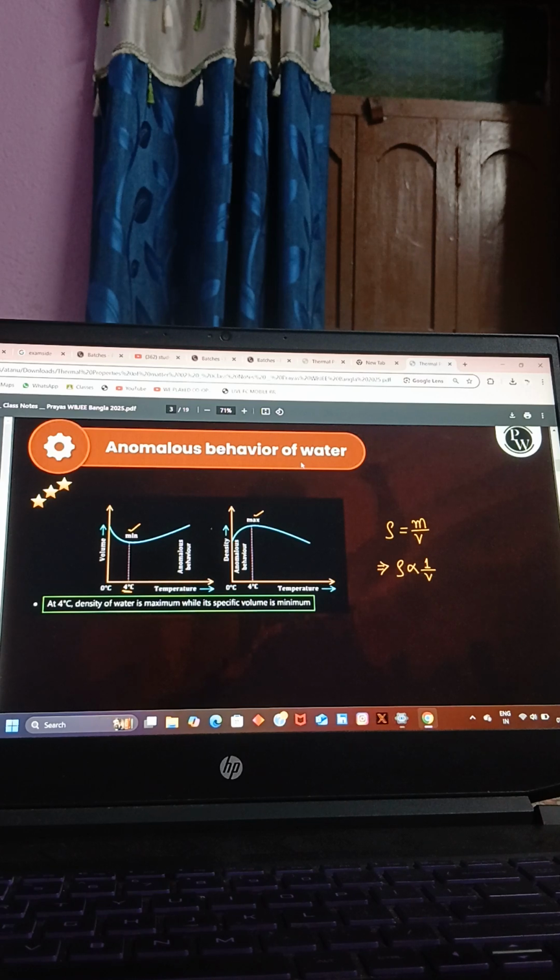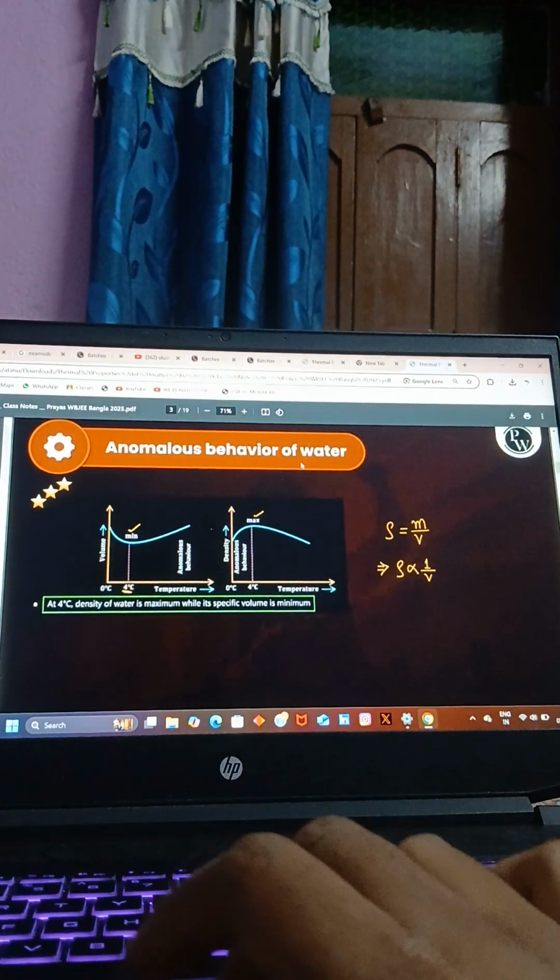But we generally know that if we heat some liquid, its volume will increase, whereas in this case the volume decreases and the density increases. Okay, let's move to the next point.